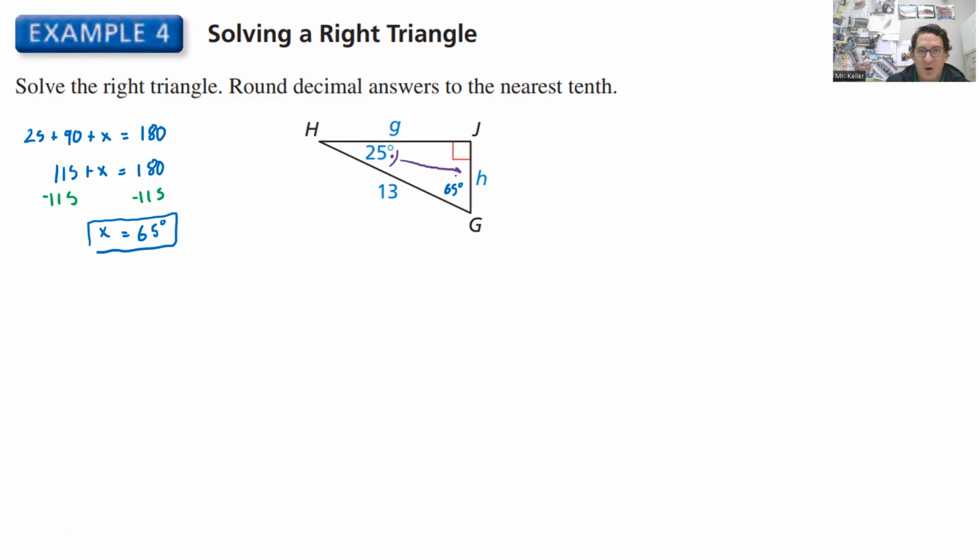So the eyeball is looking at the opposite side. The longest side here, the 13, is going to be the hypotenuse. And that means this is the adjacent side. So from there, I'm going to find different side lengths. So remember, it's going to be SOHCAHTOA.